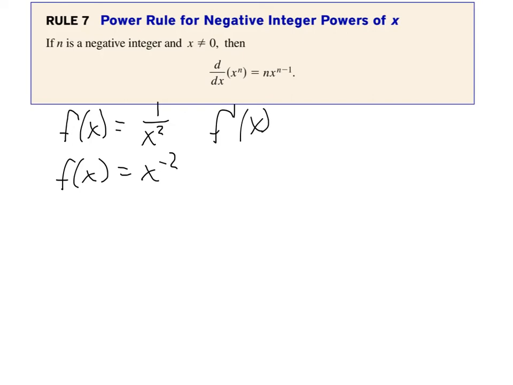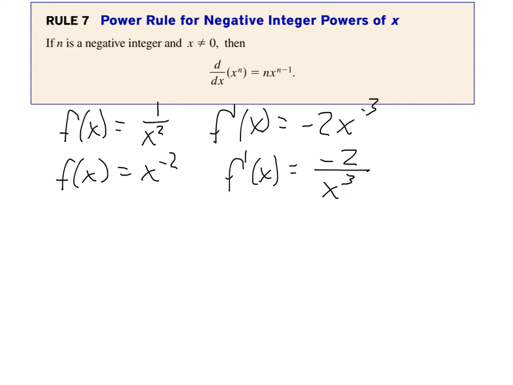Then we can just use the power rule, and we bring that power down, so it's negative 2, x to the, you still go down by 1, so it's going to be negative 3, because down from negative 2 is negative 3. Then you might rewrite that f prime of x is equal to negative 2 over x cubed.